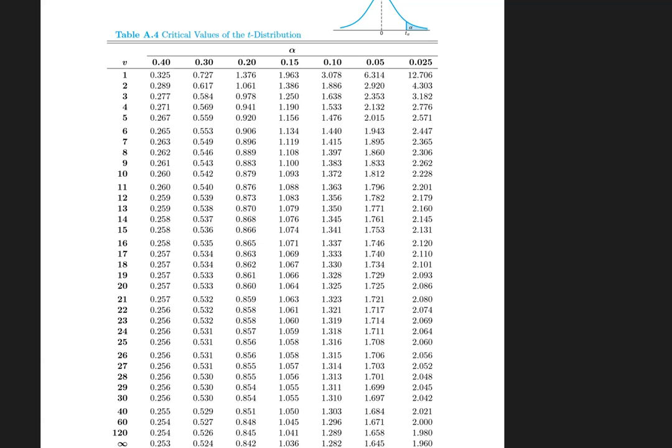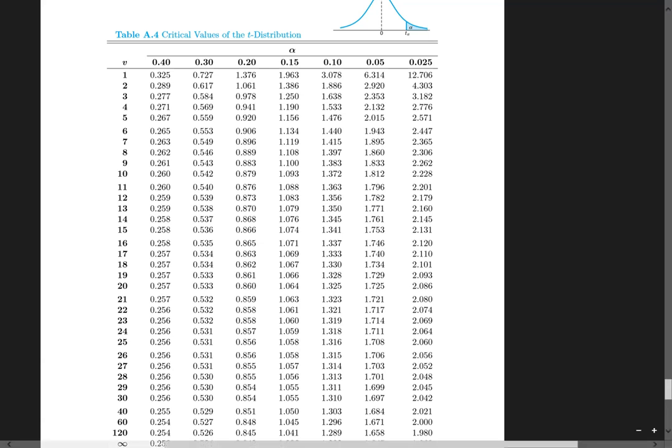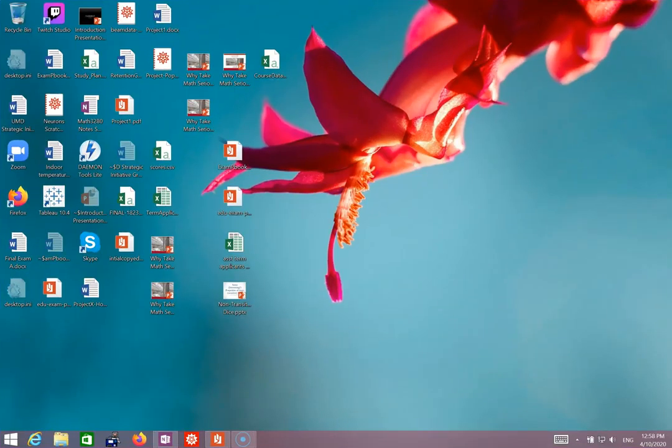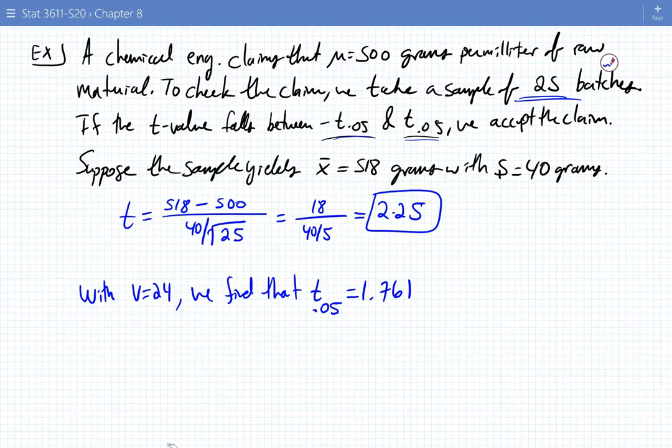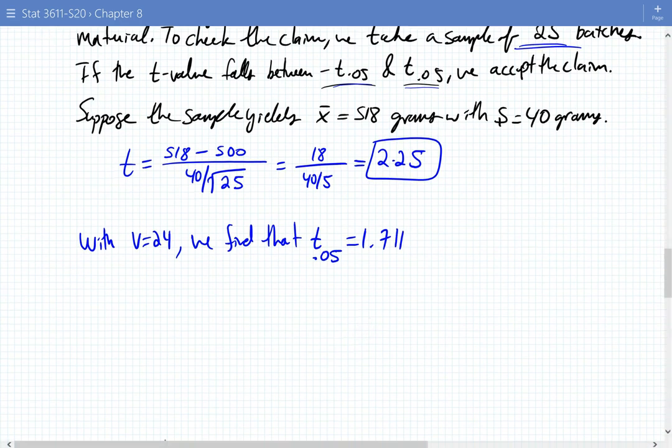That's not right at all. That was 14 degrees of freedom. Where's 24? Right there. 1.711. I knew that didn't feel right. 1.711, okay? So what's the acceptable range?